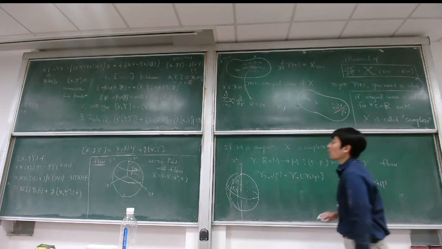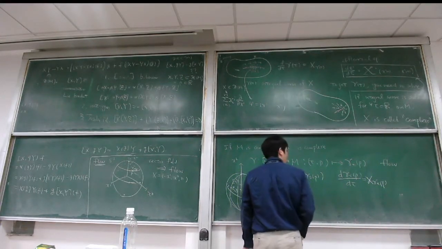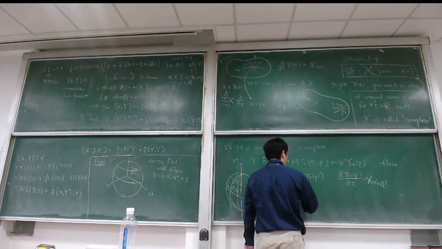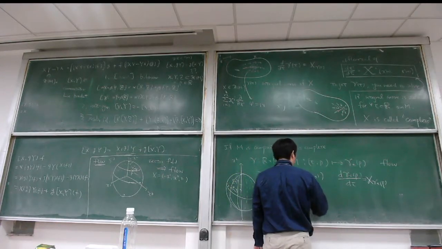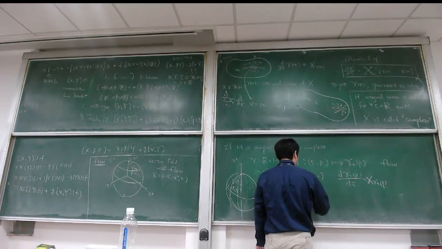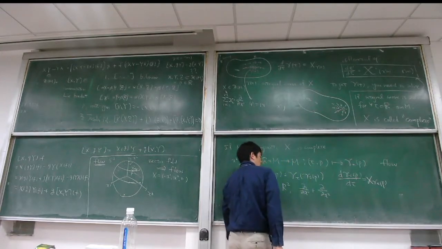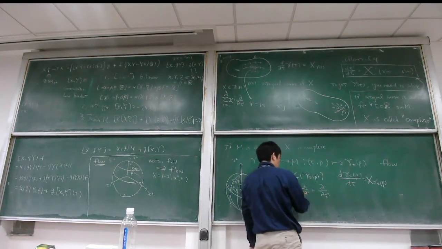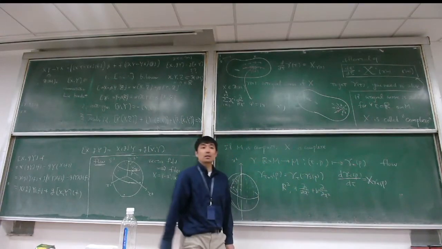So another way to see that: if you consider R2 and consider a vector field something like partial x1 plus partial x2, how does the vector field look like?